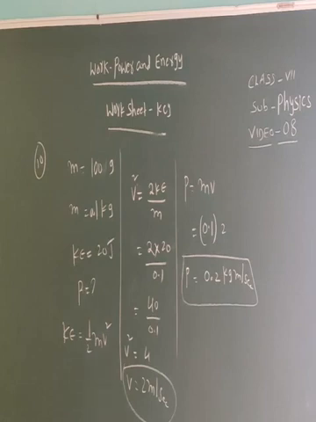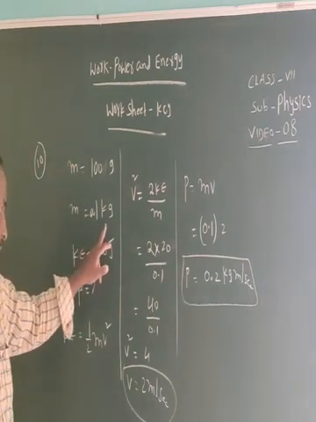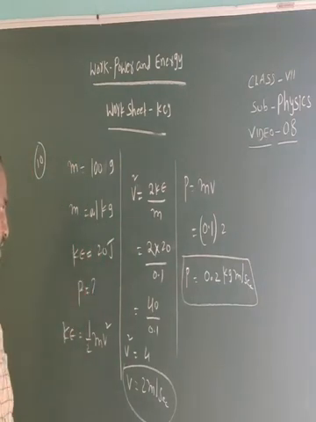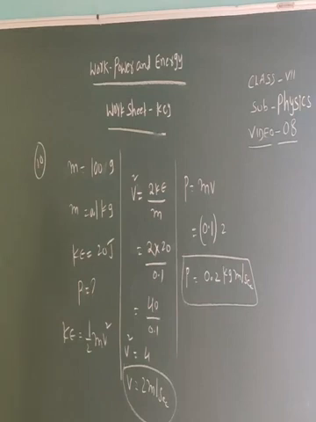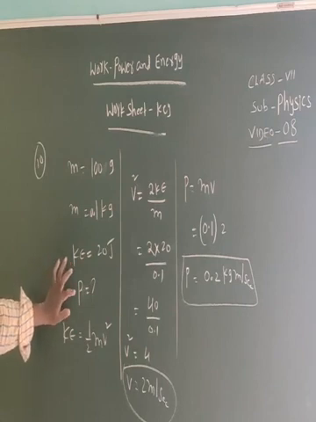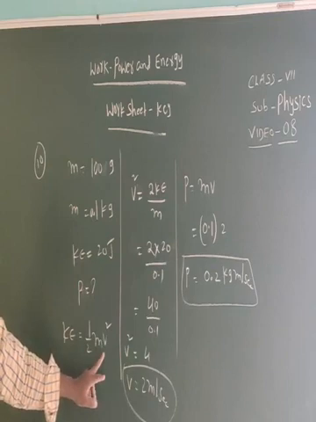Okay, listen once again. Mass equals 100 grams, that is 0.1 kg, and kinetic energy is 20 joules. To find the momentum P, we require velocity, because the product of mass and velocity is called momentum.